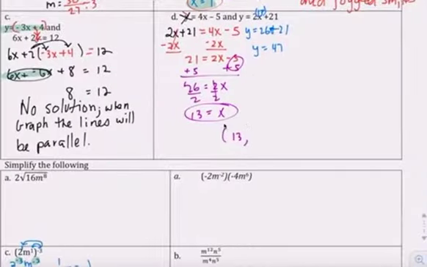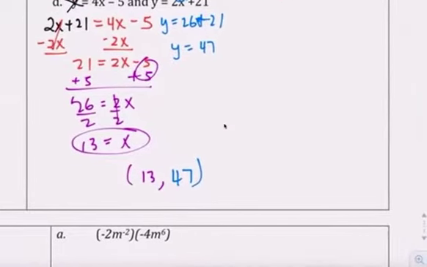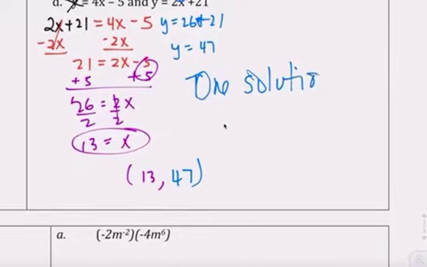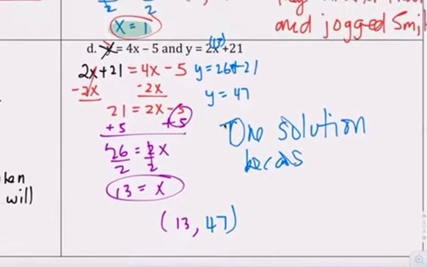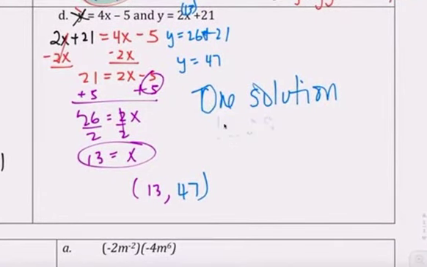So where will they intersect? The two lines will meet at one solution, at 13 and 47. That's good enough.